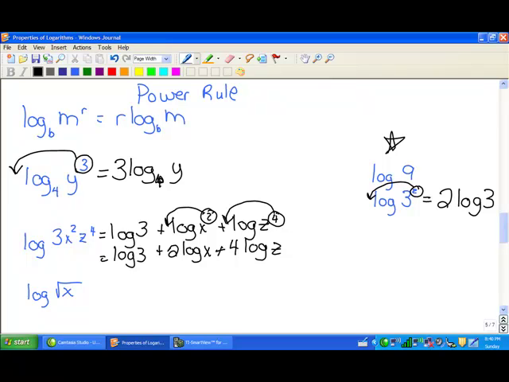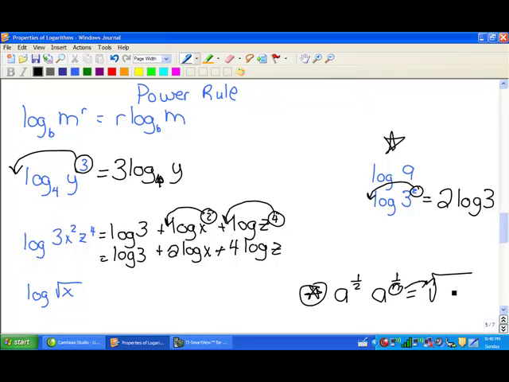Now, if we look at the next example, the log of the square root of x, you ask yourself, do I have a product, a quotient, or a power? Well, actually, we have a power rule, because remember, back from intermediate algebra, when you have a to the 1/2 power, or any time you have a to the 1 over n power, you really have a radical. And the index of the radical is going to be the denominator of the fraction.